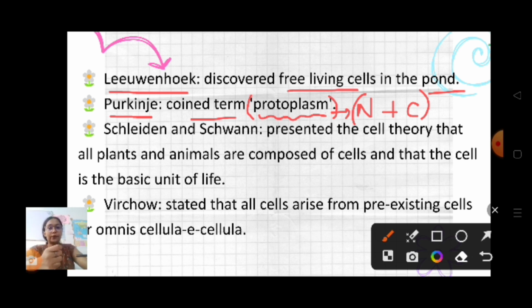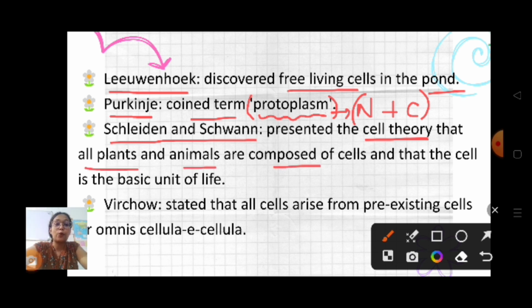Okay. Now next is Schleiden and Schwann. They are the scientists who presented the cell theory. They said that all the plants and animals are composed of cells, and that the cell is the basic unit of life. This is true.